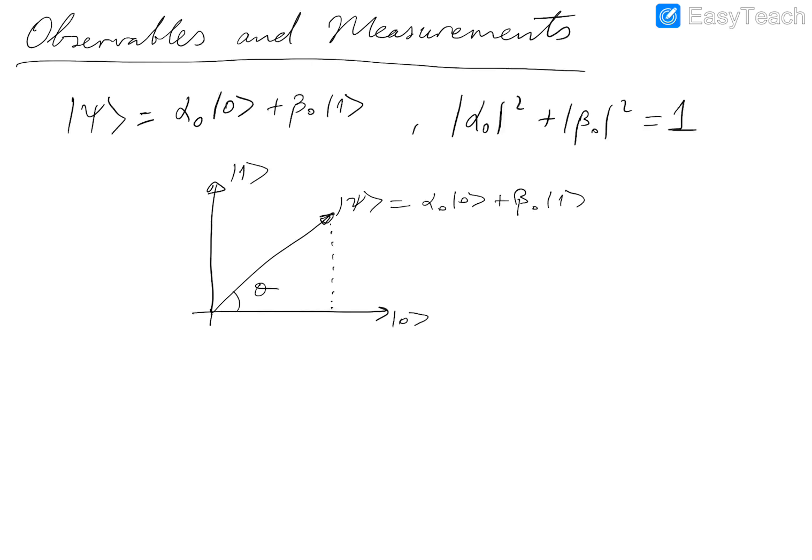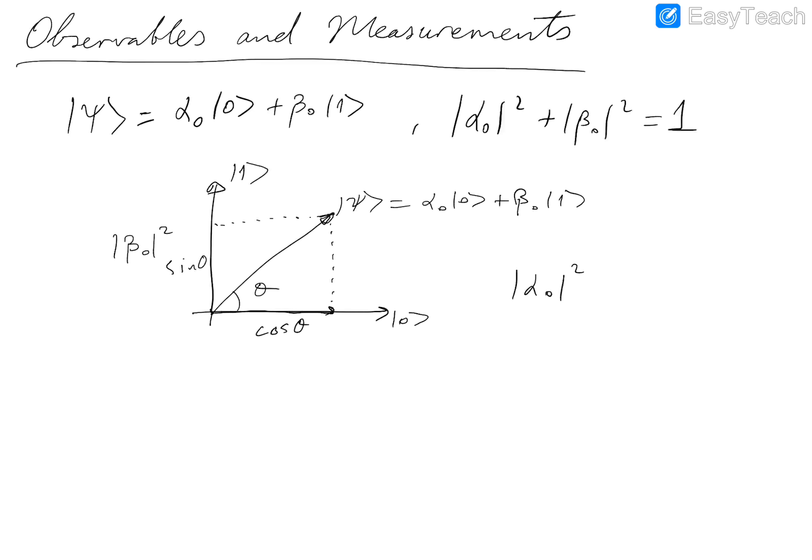It's going to get projected onto ket 0 with probability magnitude alpha 0 squared, or it's going to get projected onto the basis state 1 with probability magnitude beta 0 squared. Or if we know the angle theta, this is cosine theta, right?